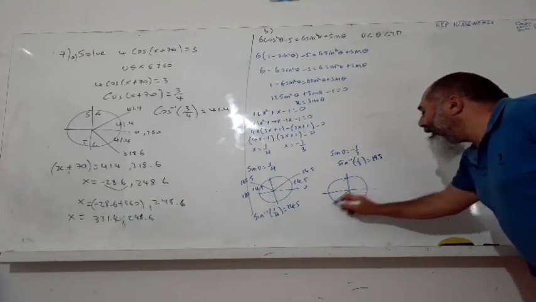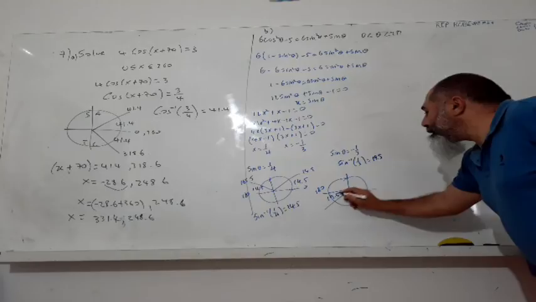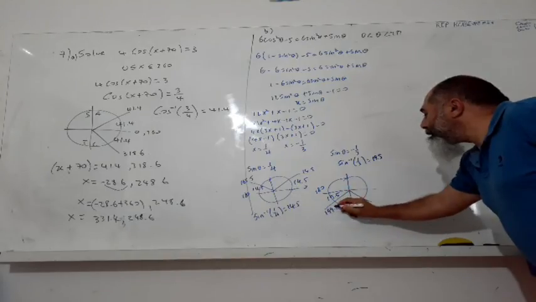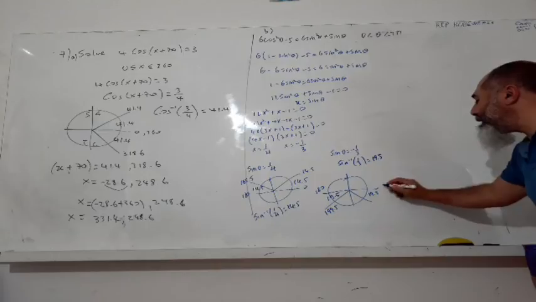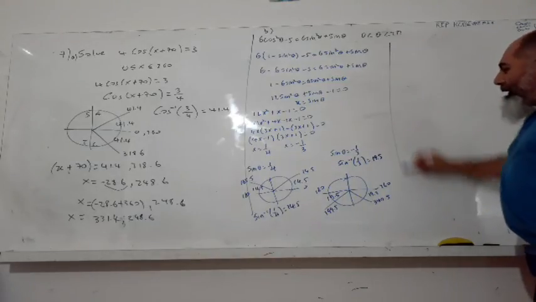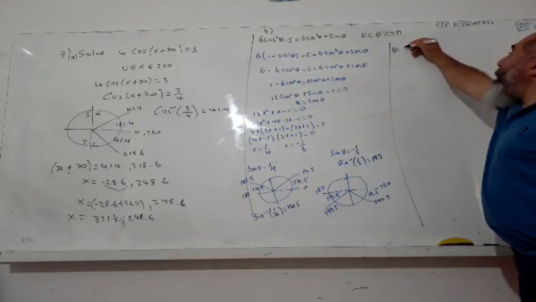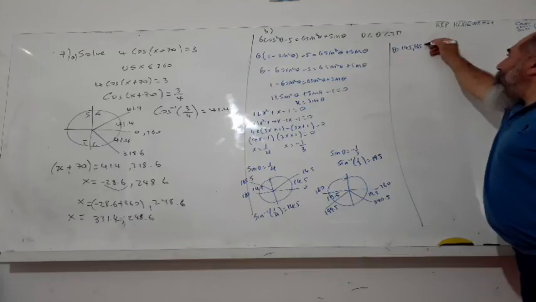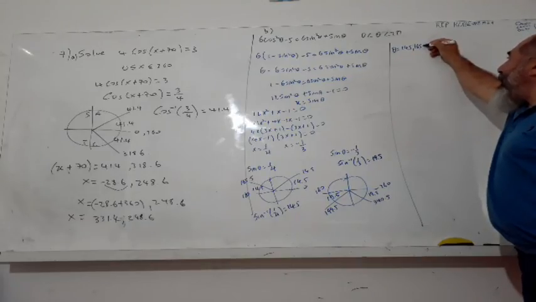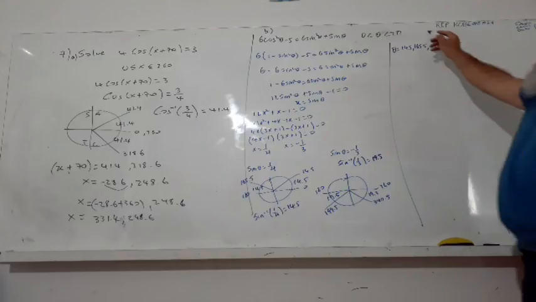And we have 19.5 there. So the answers are, for theta, theta is equal to 14.5, 165.5, 199.5, and 340.5. But remember, we want the answers as radians, so we have to convert all the angles to radians by multiplying by pi over 180.